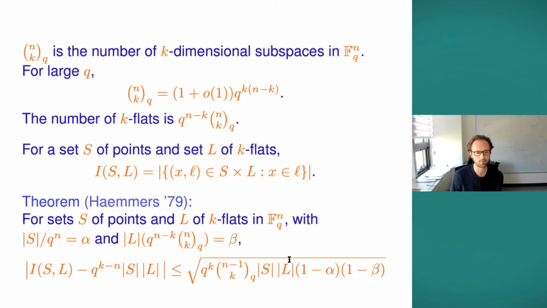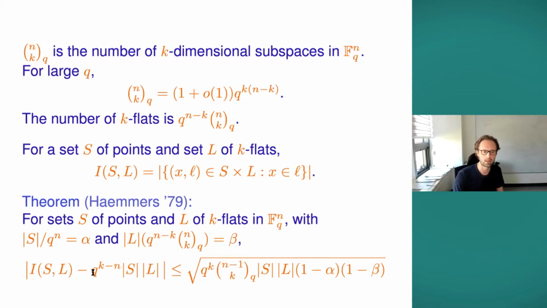There's a bound first proved by Hammers in his 1979 thesis, which says, in some sense, that the number of incidences between a set of points and a set of k-flats is close to the expectation when the sets are very large.